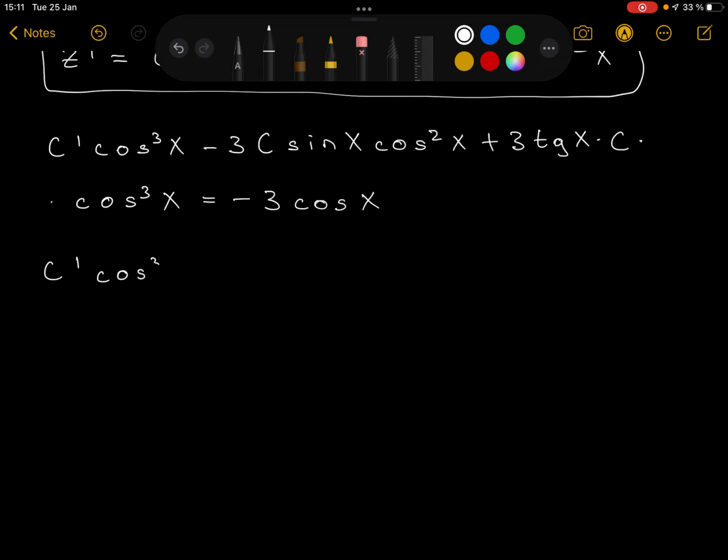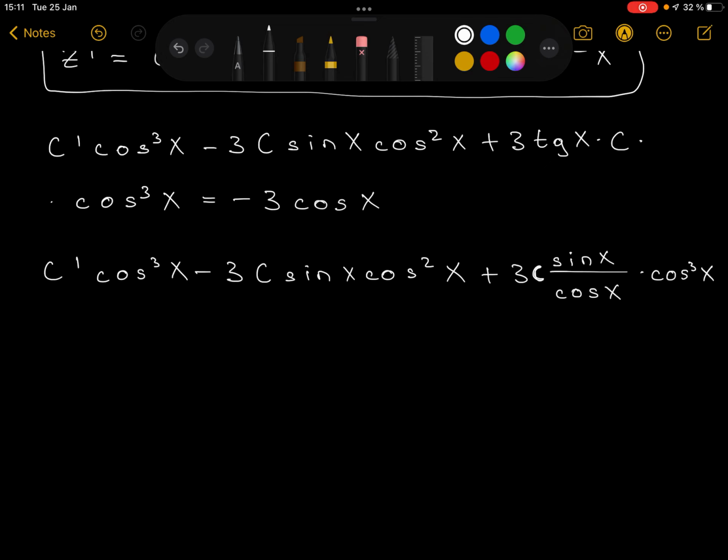So c prime cosine to the third power of x minus 3c times sine x times cosine squared x plus 3 times, instead of tangent x, I'll write sine x over cosine x times c, we'll put in the c right here, times cosine to the third power x is equal to negative 3 times the cosine of x.